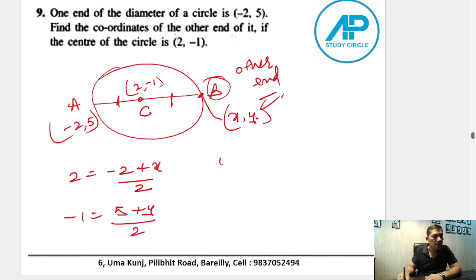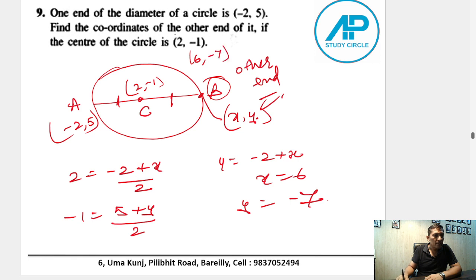That gives me 4 equals to minus 2 plus x and x equal to 6 and y equals to minus 7. So I have the other endpoint as 6 comma minus 7. I expect that by now this topic is clear to you all. So I'm taking some questions for you and leaving these questions. The source of these questions is the concise book.